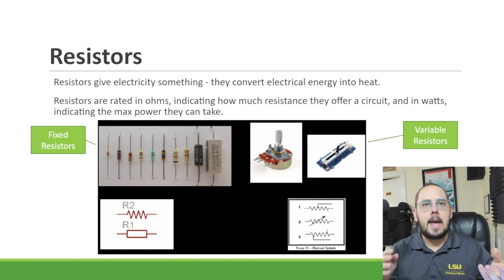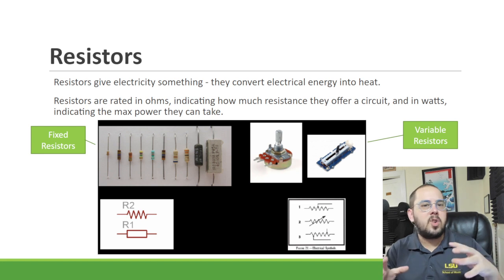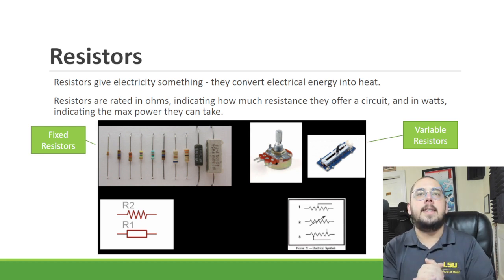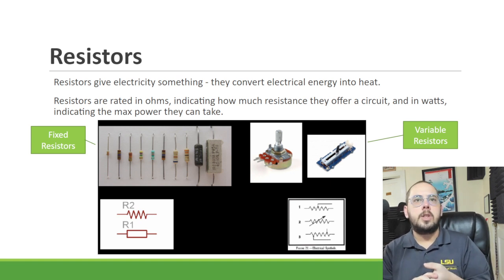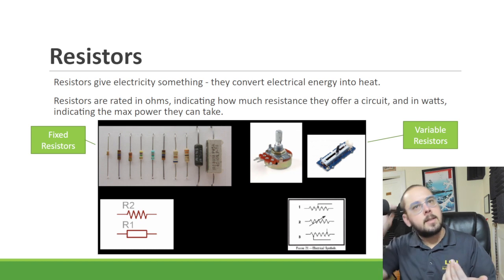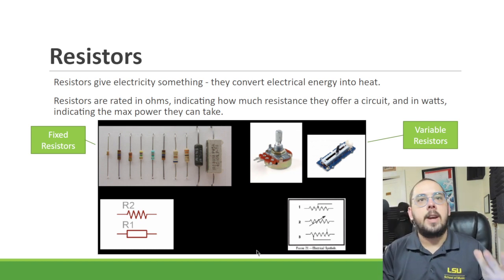Again, these add resistance to the electrical circuit in order to slow down that flow. I'm approximating exactly what's happening in order to make things a little more manageable. We don't want to blow out components, things like that. There are generally two different kinds.